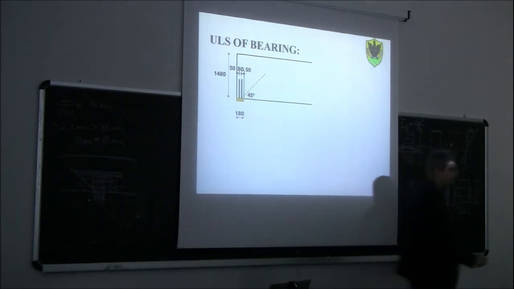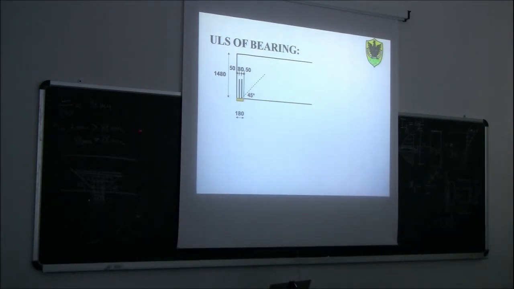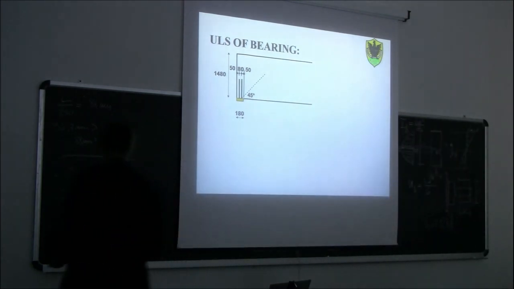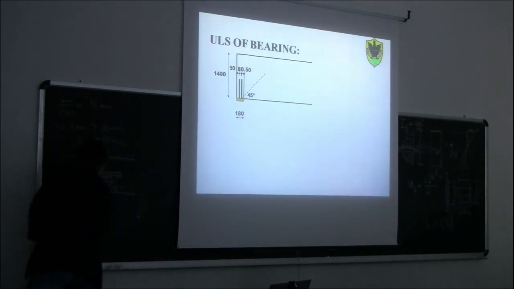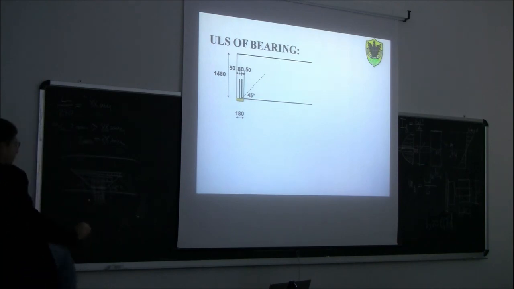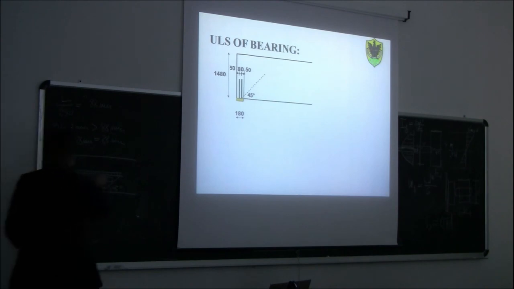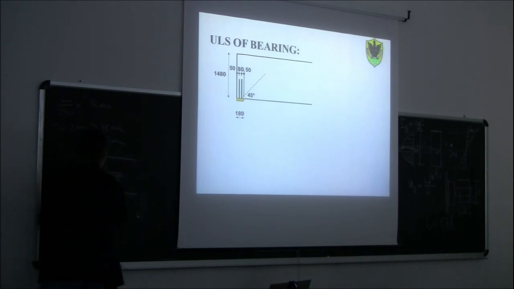So the idea is that as we go inside the wood, the stresses reduce. So basically, the stress reduces because we increase this bearing length here that we consider when we calculate the sigma. So at this level here, sigma 1, sigma 2, and sigma 3.